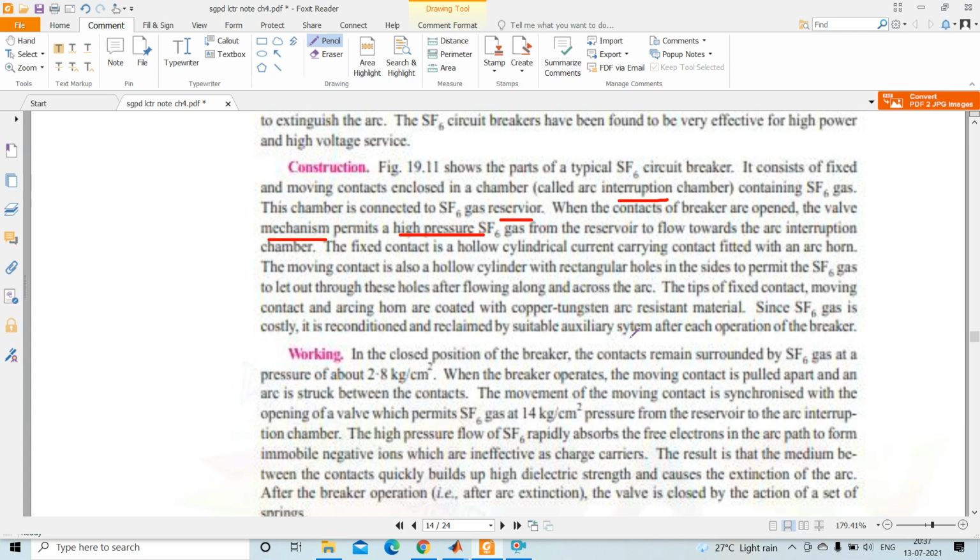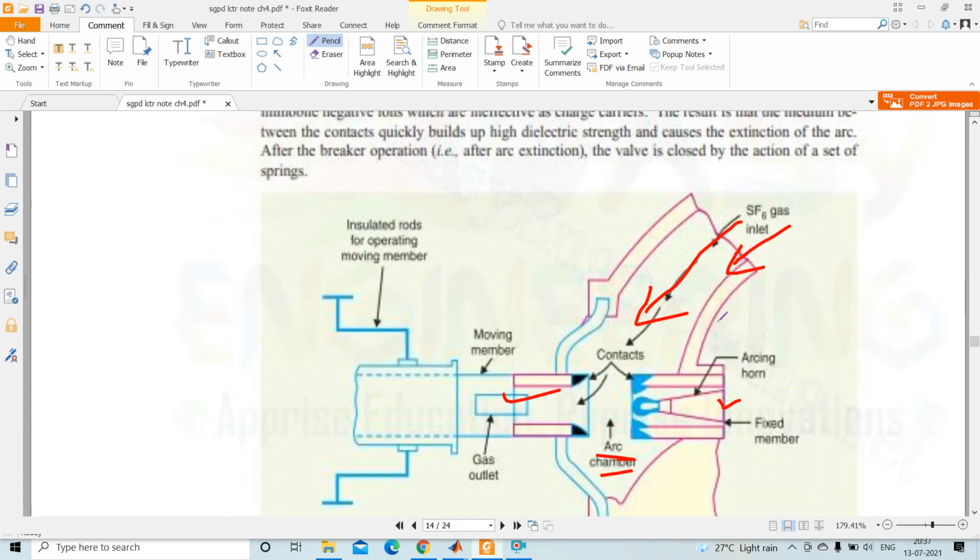The tips of the fixed contact, moving contact and arcing horn are coated with copper tungsten arc resistant material. This is the tip of the fixed member, and this is the tip of the moving member.